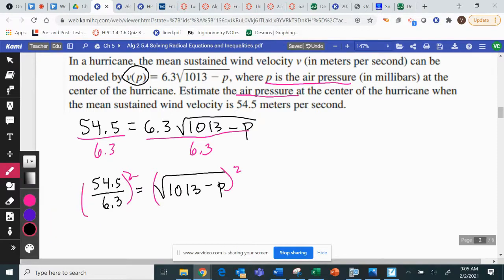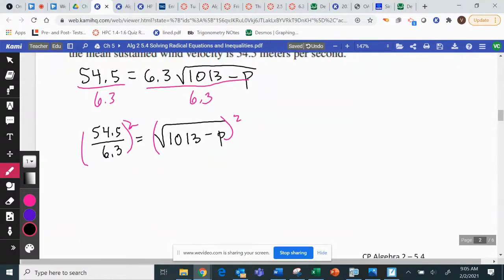I'm not going to do anything with this 54.5. I'm just going to leave it like that still. I'll just plug it into my calculator at the end. So 54.5 over 6.3 squared equals 1013 minus P.